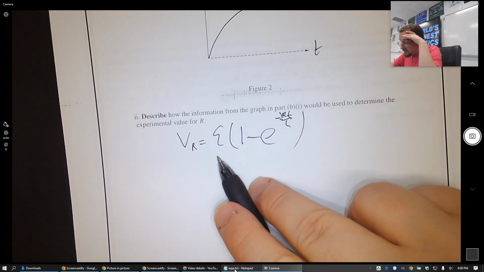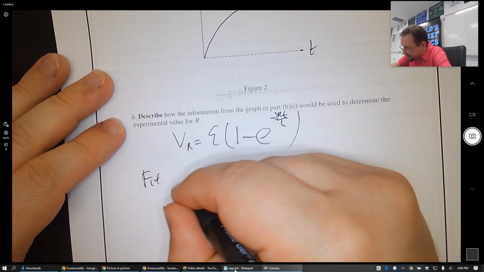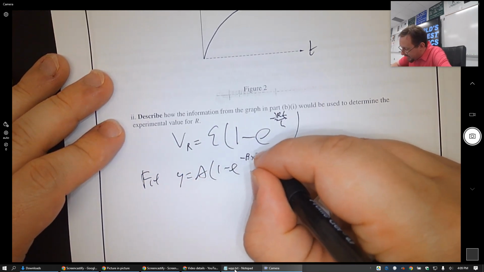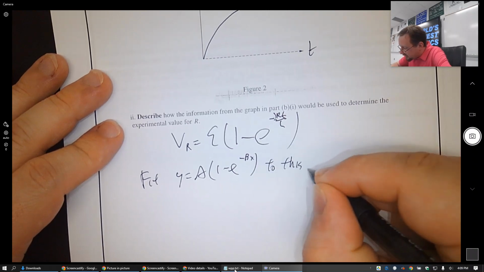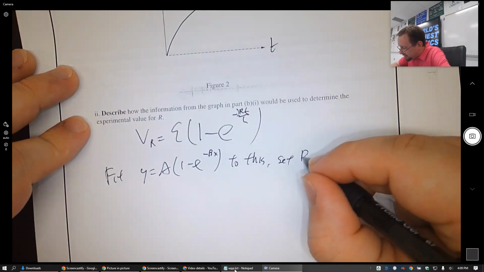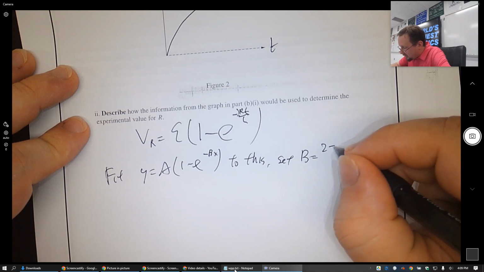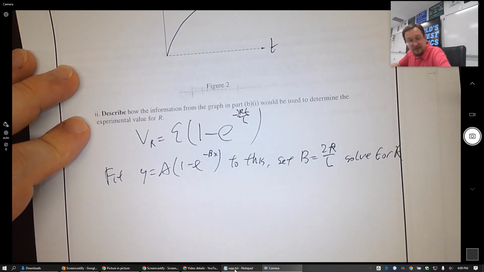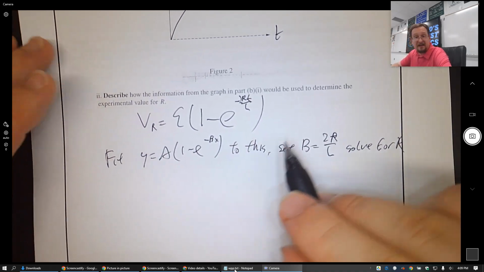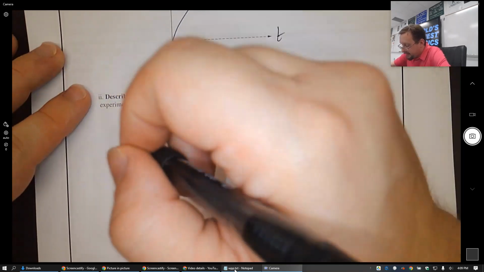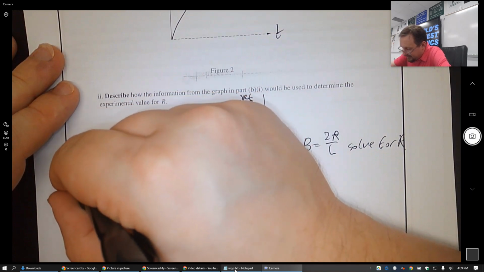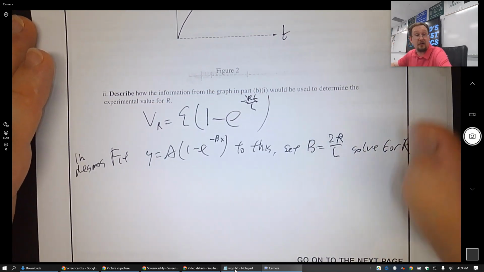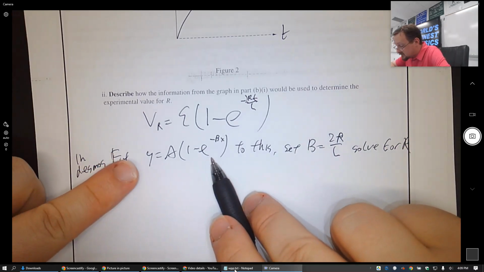I'm going to fit y equals A times 1 minus e to the minus bx to this, then set b equal to 2R over L and solve for R. Is that something you're allowed to do? I think you can do that in Desmos, because Desmos can do just about everything.